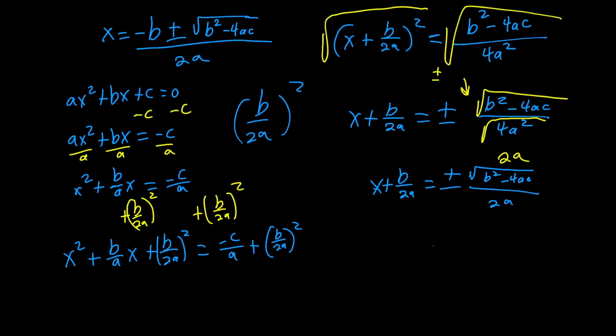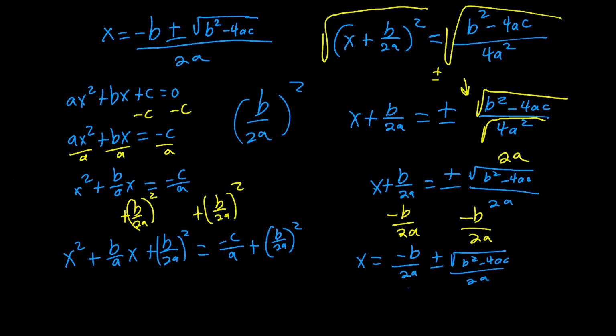And last but not least, to isolate our x value, we need to subtract b over 2a from both sides. And that will give us x is equal to negative b over 2a plus or minus square root b squared minus 4ac over 2a.